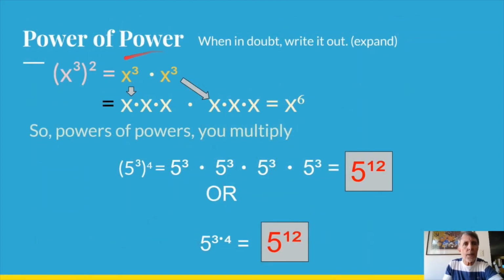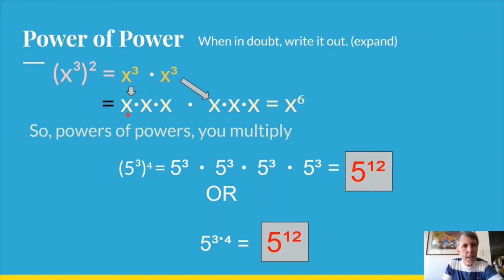Power of a power. Here, see, we have a power of a power, or an exponent of an exponent. Well, this is x to the 3rd power to the 2nd power. So that means we'll write this x to the 3rd twice, and when in doubt, write it out or expand. And I do like that on these types of problems. So I'm going to write this out.